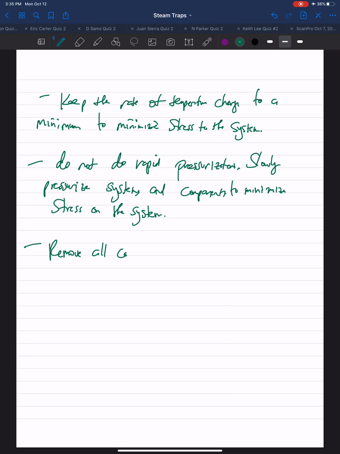Remove all collected condensate, as condensate can cause water hammer and uneven heating.